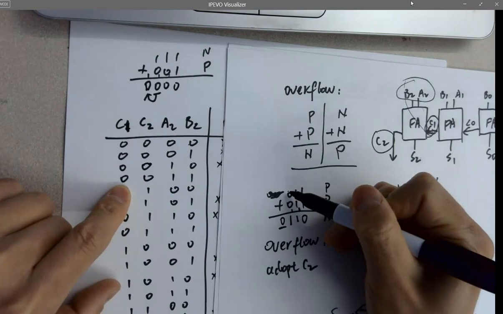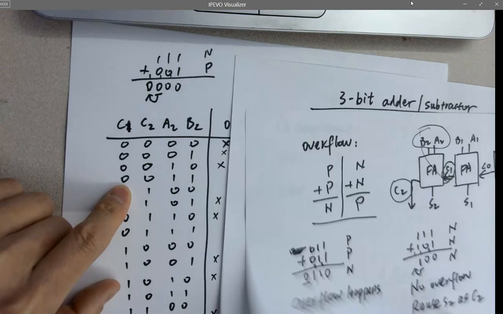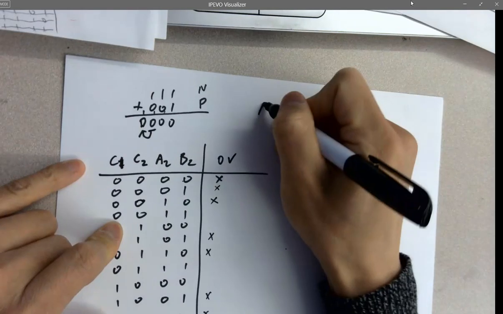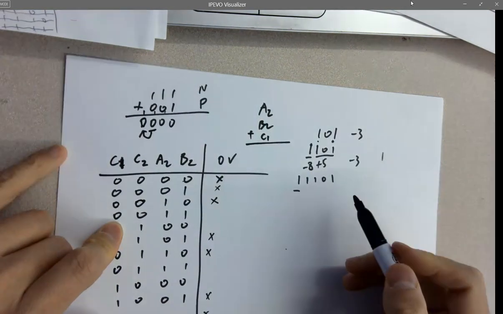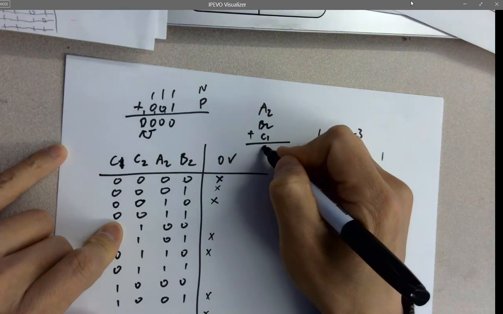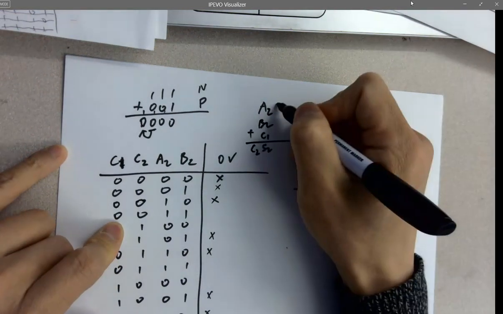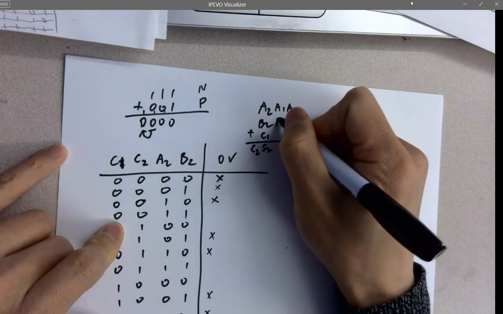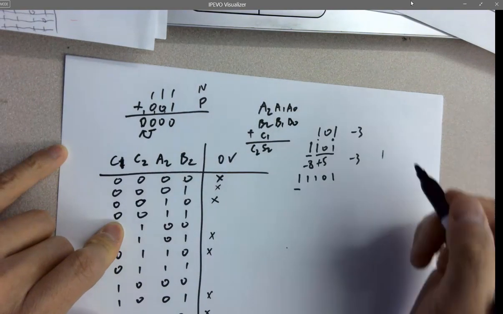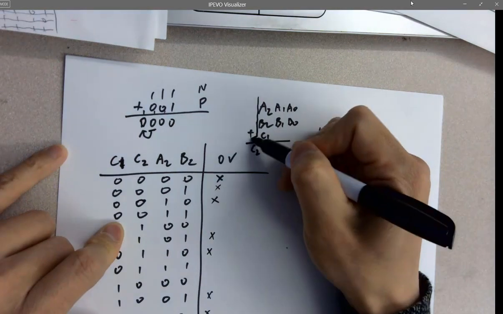A2, B2, C1, right? Specifically A2, B2, C1 are adding together to get S2 and C2, right? So we're ignoring these numbers for now since they're not involved. Okay, is that clear? So we're only looking at this.